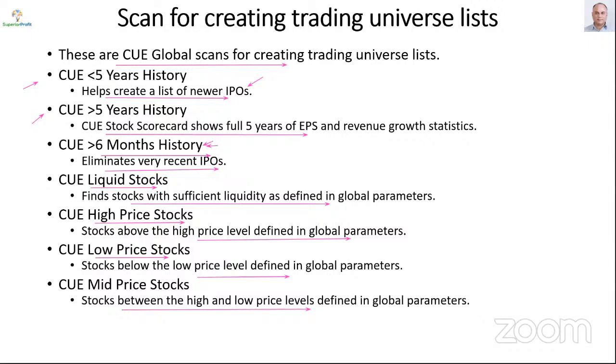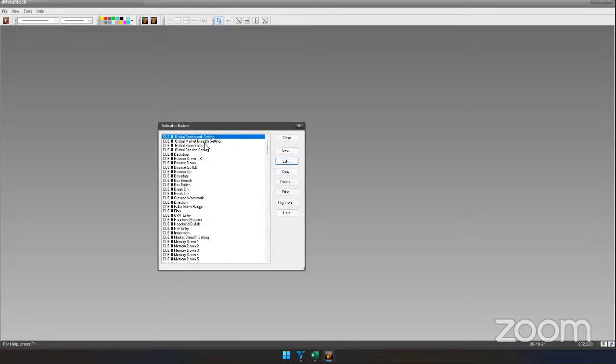Where are these global parameters in Q Global? Let's look at the platform. If we go to Tools, Indicator Builder in MetaStock, all the Q calculations are with the prefix CUE in capital.